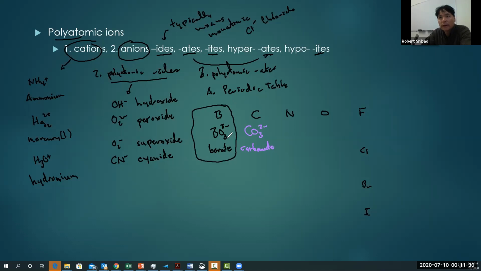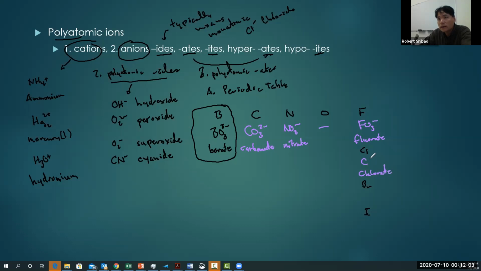And after borate, we have carbonate. After carbonate, we have nitrate. Nitrate is NO3-. Then we're going to skip oxygen and go to fluorate. Fluorate, there's no oxate here. So fluorate is FO3-. And then we go to chlorate.